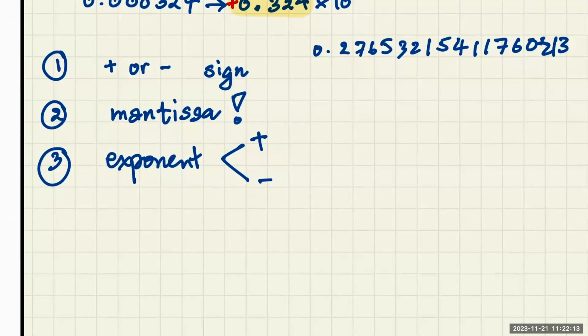These are the information we need to tell: the sign of the number, the mantissa, and the exponent, and the exponent has to be positive, negative, or 0.